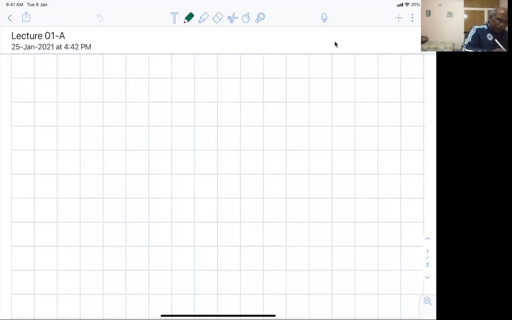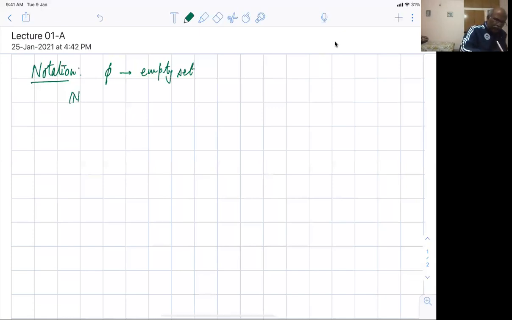Fine. So notation. All right. So this is going to be our empty set. That's the way we'll be writing it. Then you have N, the set of natural numbers.